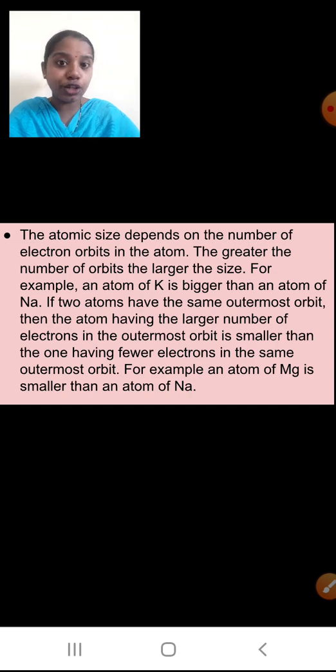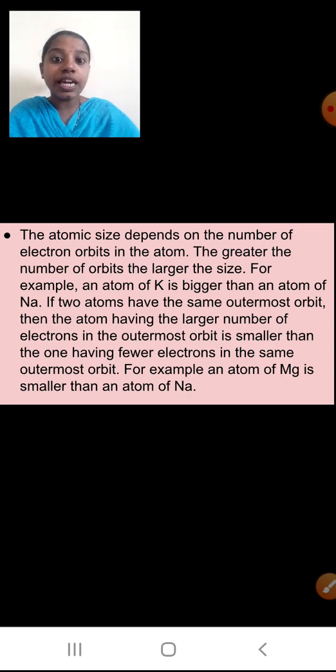So in the first orbit you draw 2 electrons, in the second orbit 8 electrons, and in the last orbit 1 electron. While in potassium there are more orbits. Hence the atom of K is bigger than that of sodium.